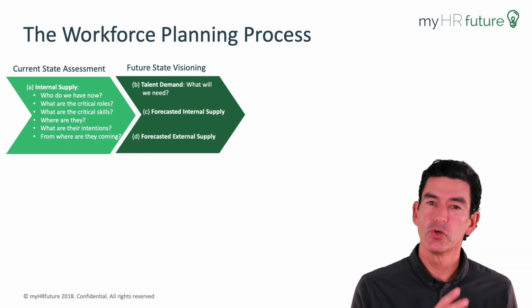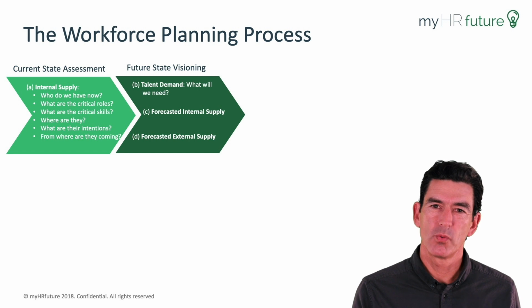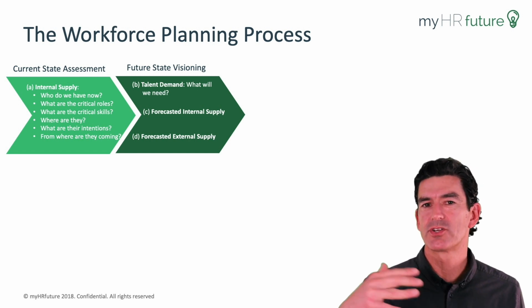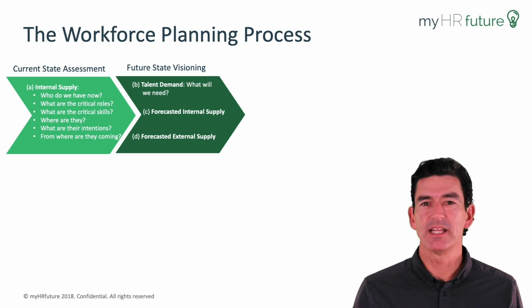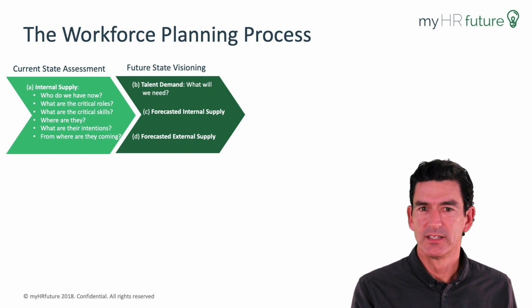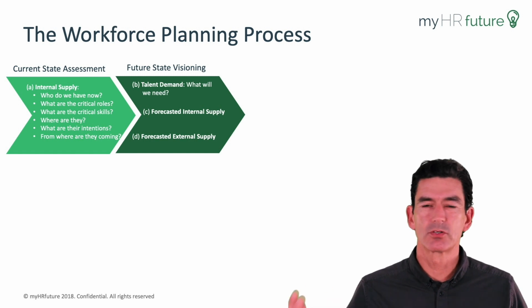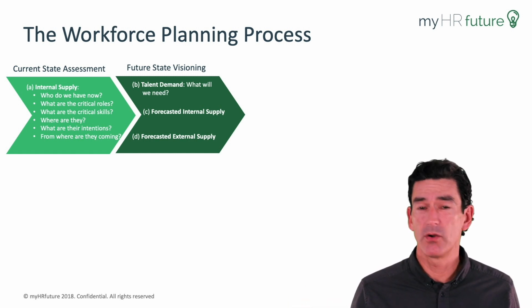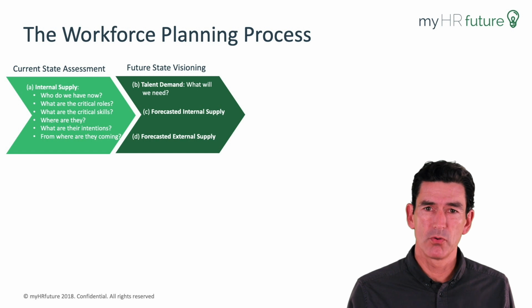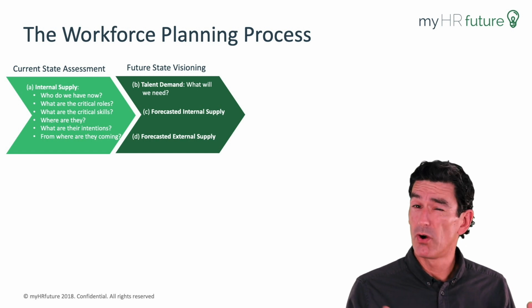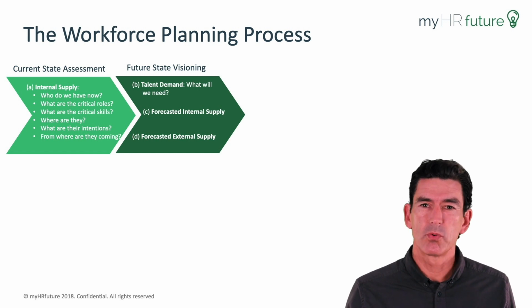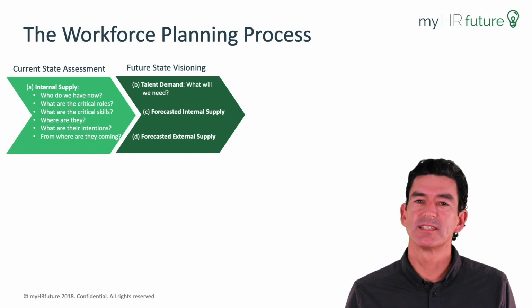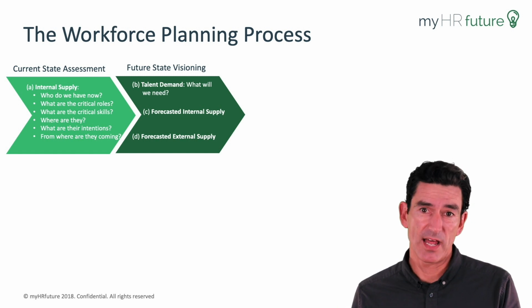So now that we understand who we have in our business, we have to go back and project our internal talent demand. So what are we going to be needing to get work done given our business strategy? And let's assume it's a growth business. We're going to see that, hey, we need to acquire people with certain skills. So are those skills inside the organization? Are they outside the organization? To do that, we're going to assess the internal supply of talent, and we're also going to assess the external supply of talent.